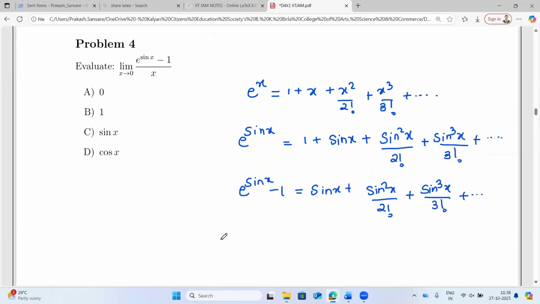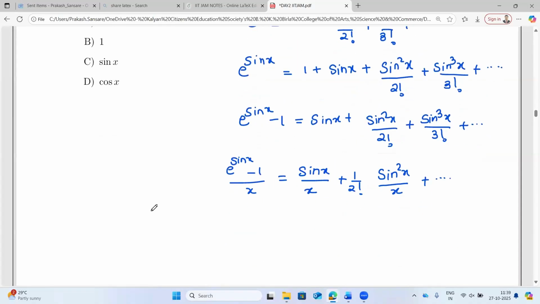Can you guess? Divide by x. Very good. E raised to sin x minus 1 upon x is sin x upon x plus 1 by 2 factorial sin square x upon x plus dot dot dot.